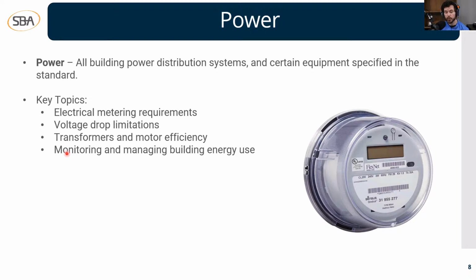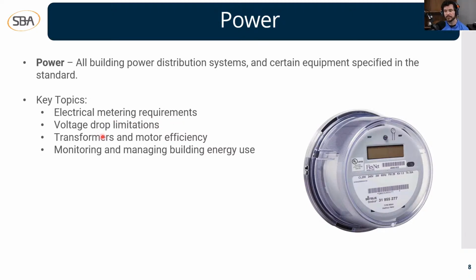Also includes motor efficiency standards, transformer efficiency, and importantly, like this picture shows, metering of our power. So the power is all building power distribution systems and certain equipment that's specified in that standard. So really we want to make sure that we're meeting all our requirements electrically.